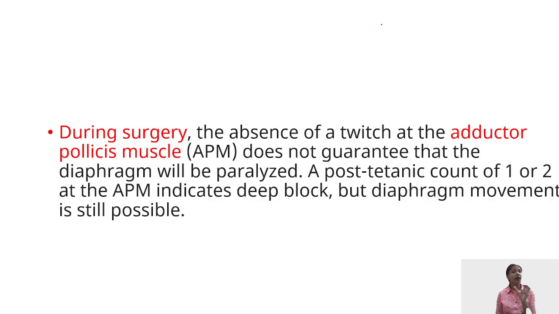So we can have scenarios in which the monitoring shows that adductor pollicis is fully relaxed, fully paralyzed, but your diaphragm has started coming out because of its resistance. That is why maintenance drugs have to be given not only through quantitative evaluation, but certain clinical assessment and judicious monitoring of the patient is also required.